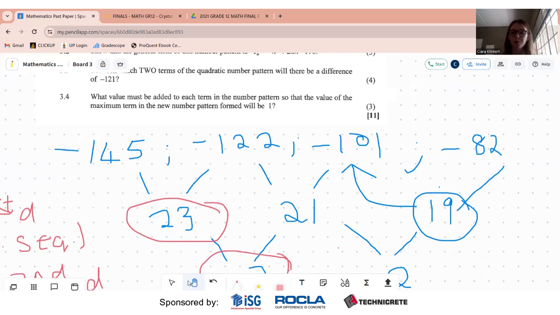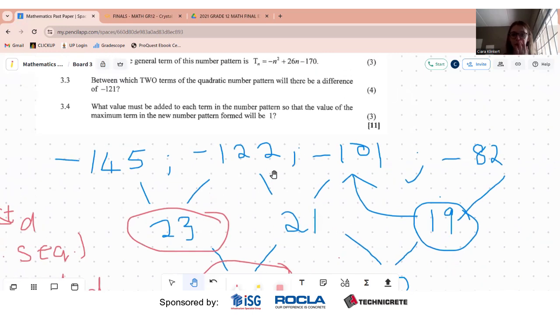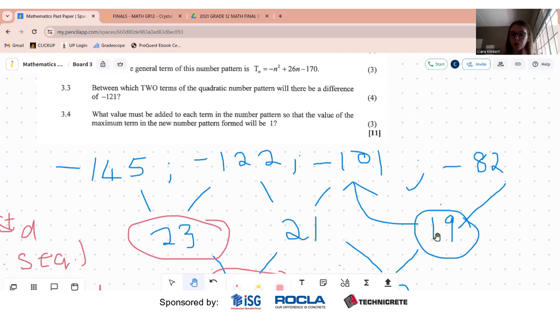Remember I told you that the first differences actually form a linear or arithmetic sequence. So what we need to do is find the general term of this arithmetic sequence, then substitute -121 and find the n where that happens. We also have to add an additional trick afterwards, but don't worry, I'll guide you through it.